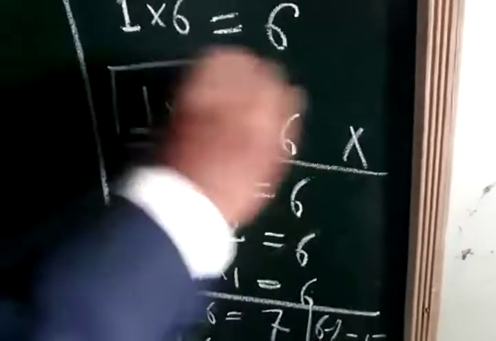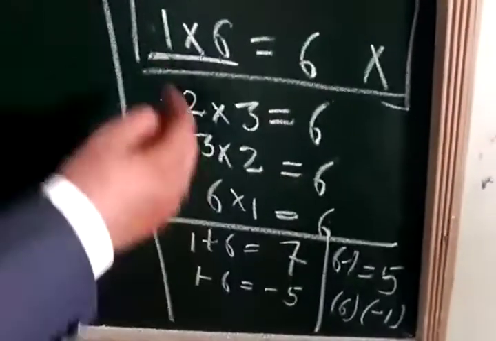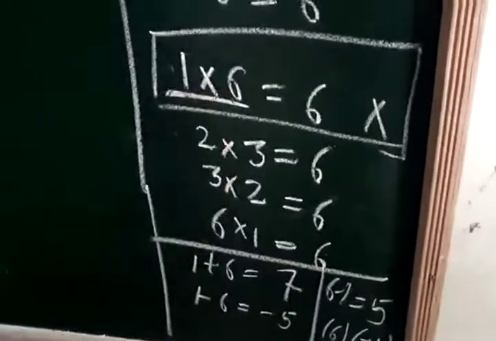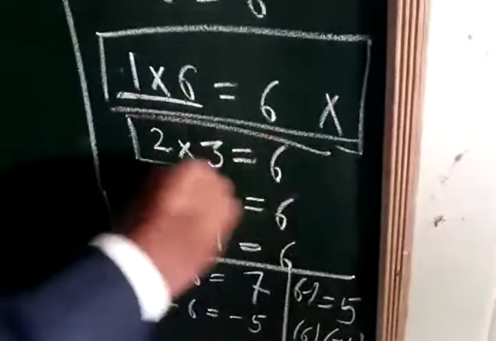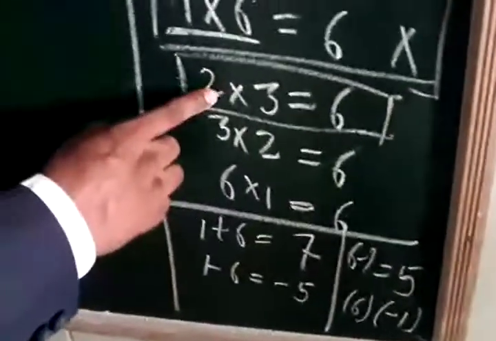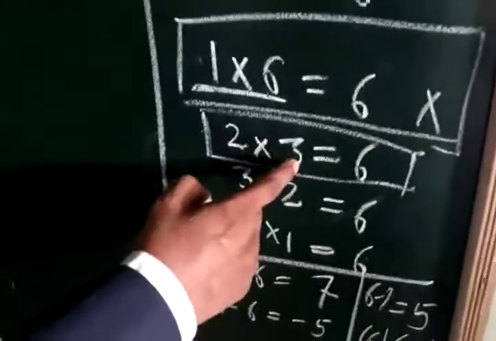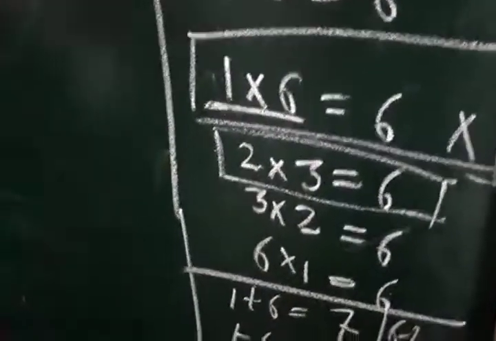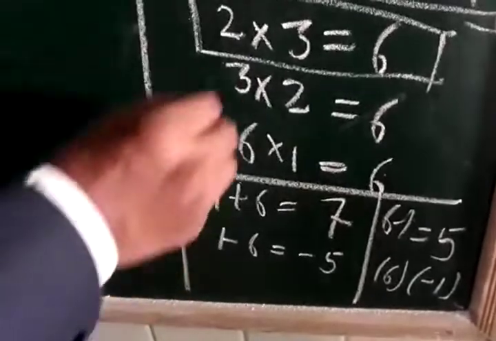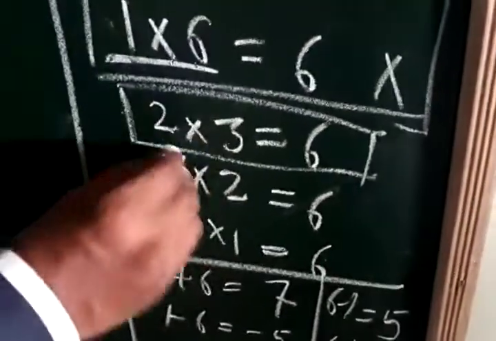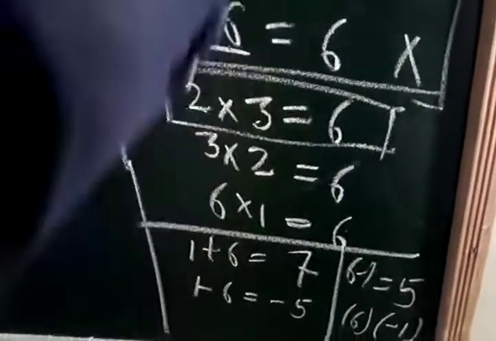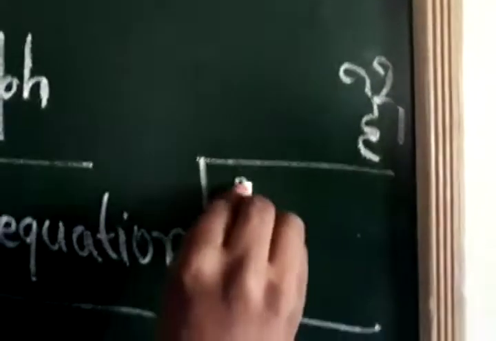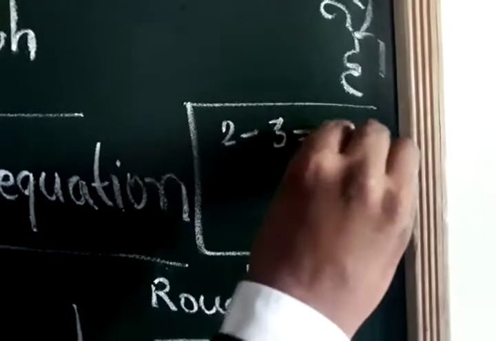We are not going to get help from 1 into 6. We'll take the help of 2 into 3. These are the two factors which will give 5 after addition. When we subtract, 2 minus 3 gives us minus 1, and 3 minus 2 gives us 1.